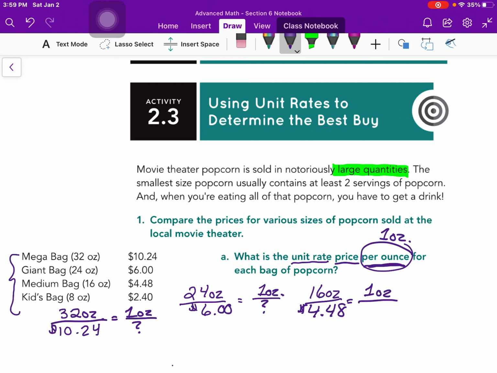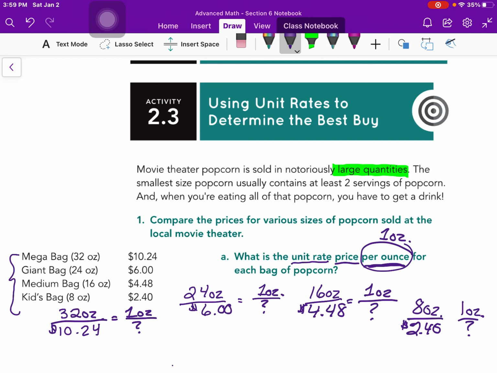And they again want to know how much for 1 ounce. And finally, the kids bag. You get 8 ounces for $2.40. Cheapest for sure, but it's not that much popcorn. And they want to know how much per ounce. So again, you can use your calculators on these.